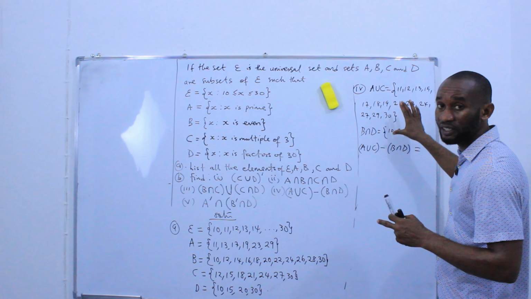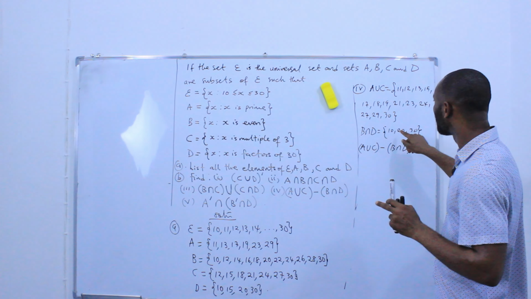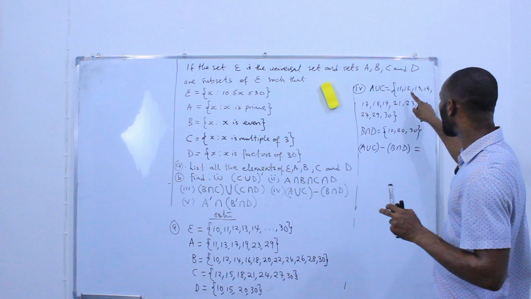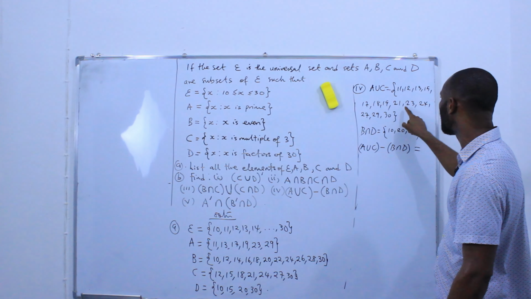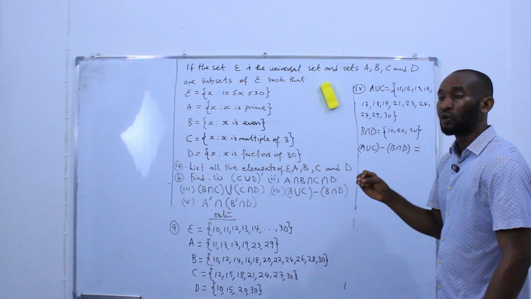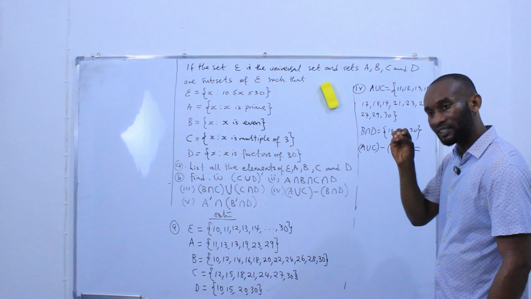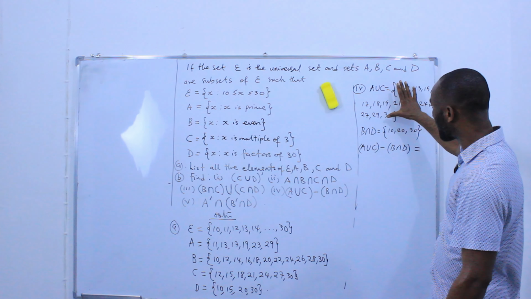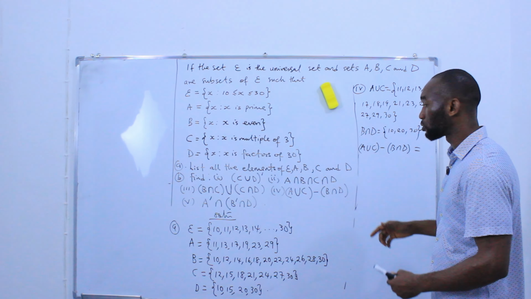What is common between these is 30. 30 is the only element common between these two sets. So that 30, which is the only element common, we remove it from the first set and write down whatever is left as our result.